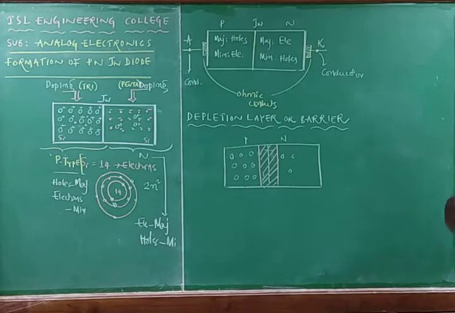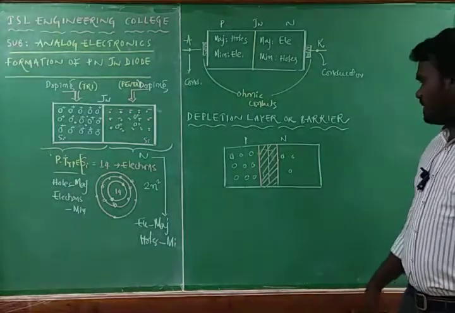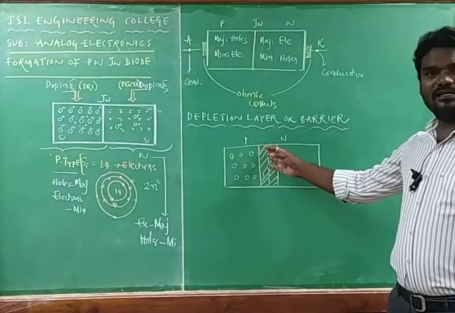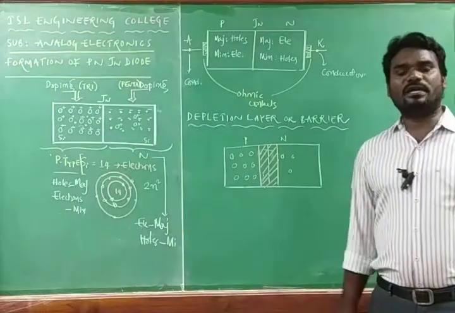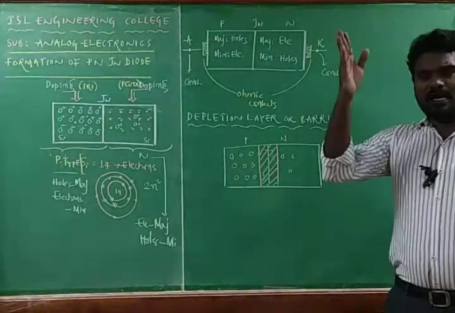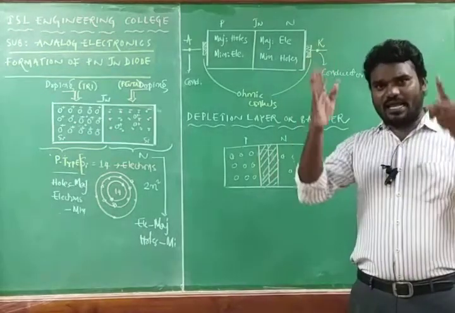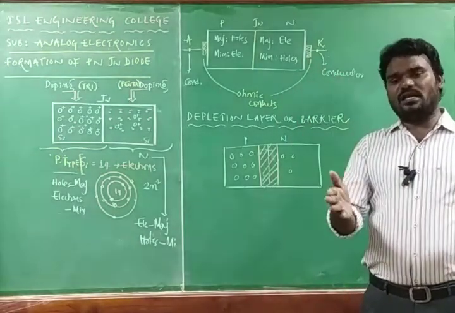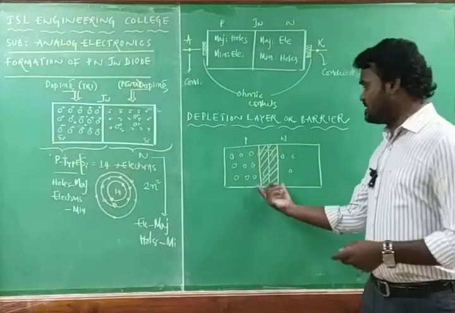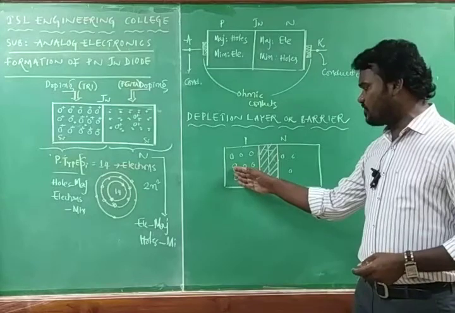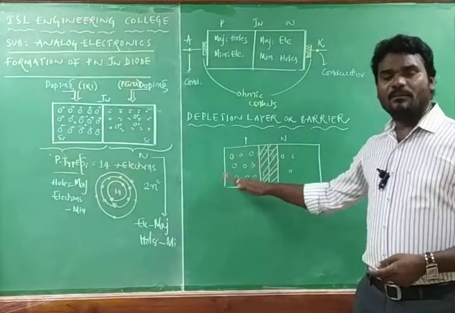Due to this recombination, there are positive immobile ions in the N-type semiconductor and negative immobile ions in the P-type semiconductor, which are depleted across the junction on both sides, such that a layer is formed across the junction on both sides of the P and N material. This depletion layer stops the further flow of electrons from N side to P side, and the further flow of holes from P side to N side.